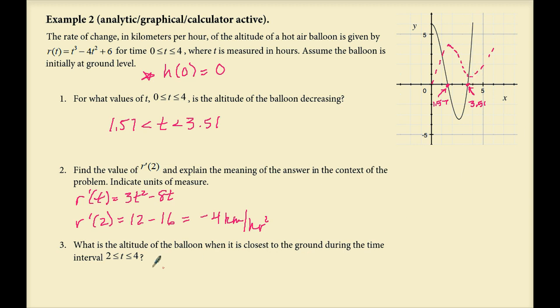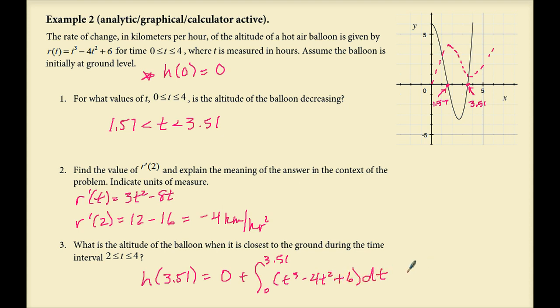So we can find the height of the balloon at time 3.51 by adding the height at time 0, which was 0, to the integral of 0 to 3.51 of our rate function, which is t cubed minus 4t squared plus 6 dt.